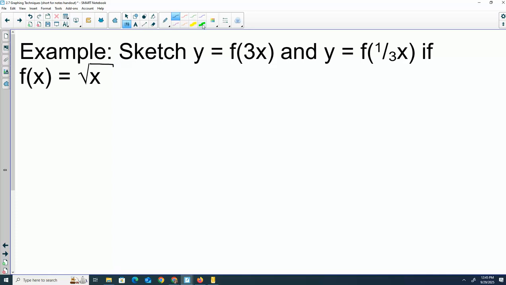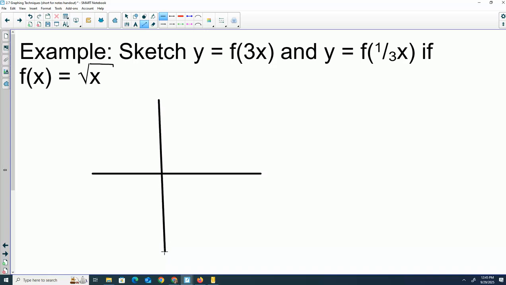My function is the square root of x. So, we have to start by graphing that. Okay, if you need to make yourself a t-chart, you can. If you can talk through it, that's okay as well. If I put in a 0, what is the square root of 0?